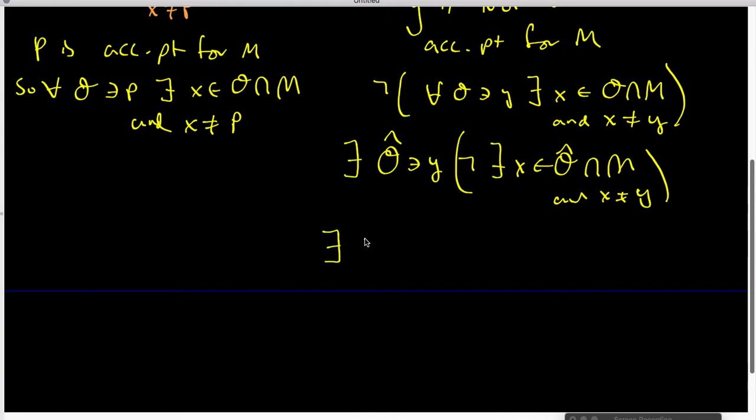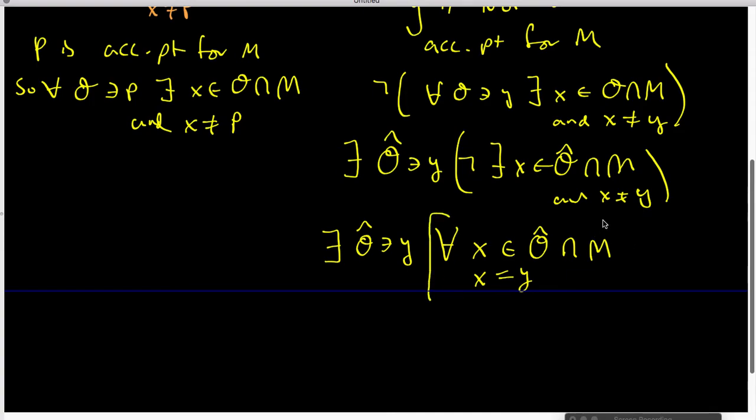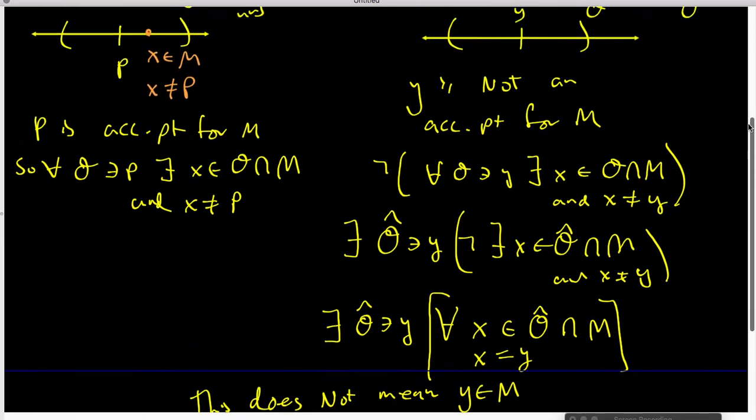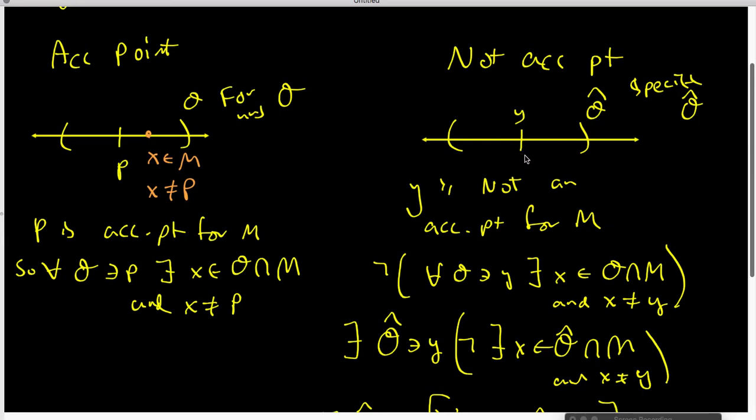Now, if I carefully look at how to negate this particular quantified statement, the next thing that we're going to get is there exists this O hat that contains Y, such that for every X inside this guy, we have to have X is equal to Y. Now, technically, it's important to understand, this does not mean that Y has to be inside M. This statement says if X is inside O hat intersect M, then X is going to have to be equal to Y. In other words, coming back up to my number line, Y is the only possible element of M in this entire whole interval.